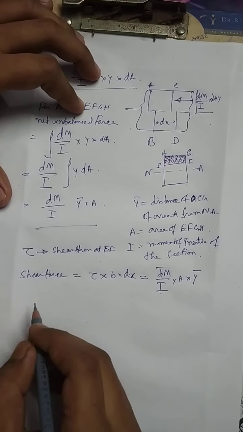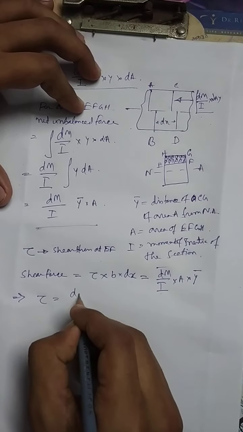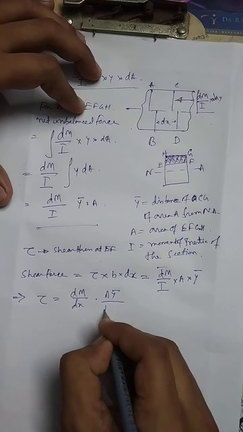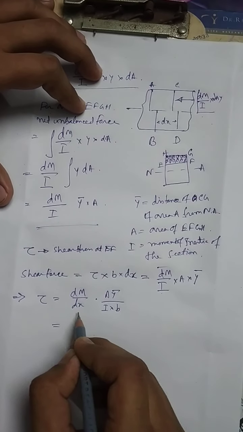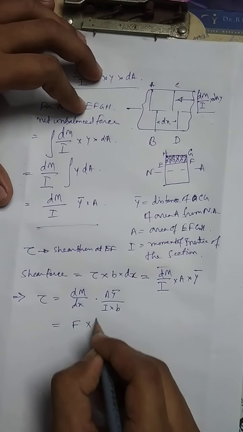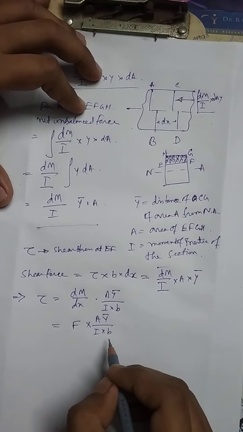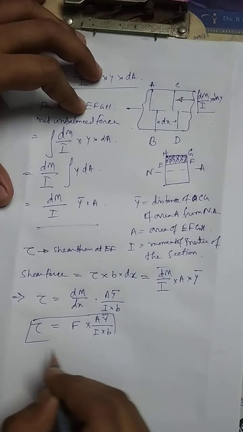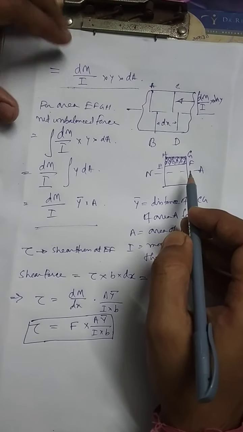Okay, so if we rearrange it, we will get tau equals dm by dx into A y bar by I into B. Now again dm by dx is actually the shear force, so tau equals F into A y bar by I into B. So this is the expression of shear stress at a distance of y1.